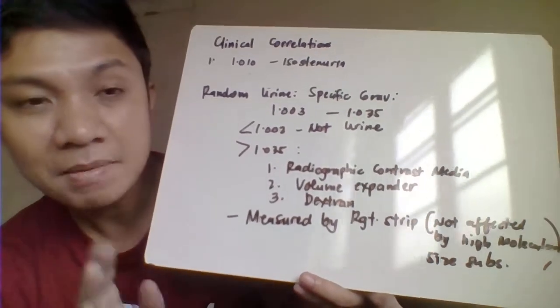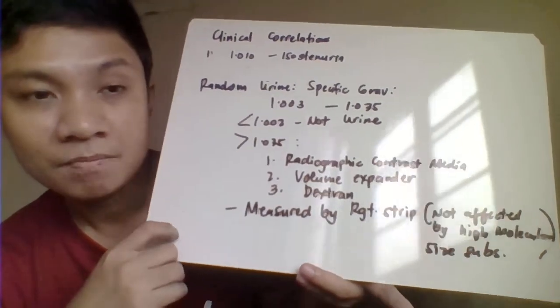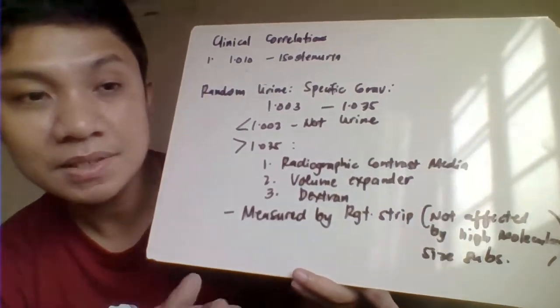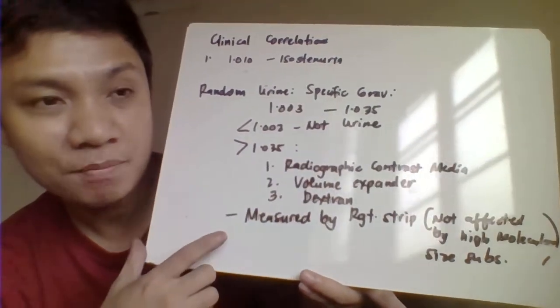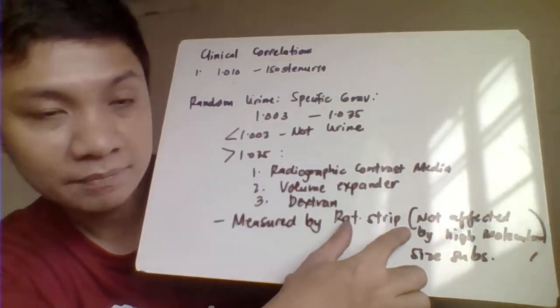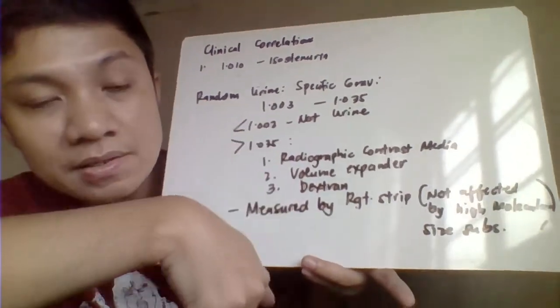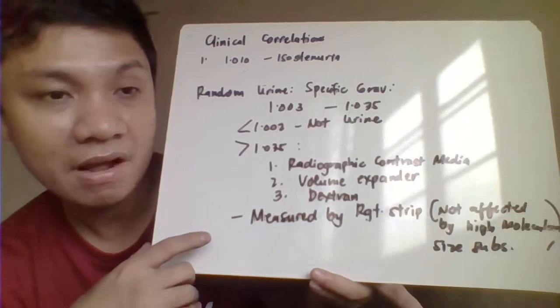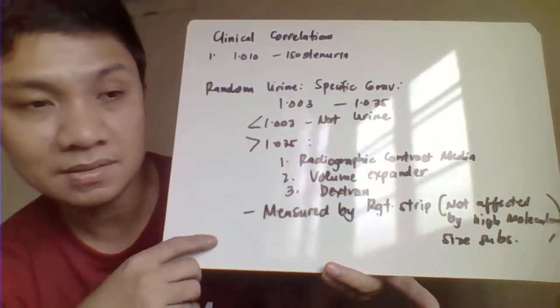So the recommended method to use is the reagent strip. The reagent strip for specific gravity is not affected by the presence of high molecular weight substances.